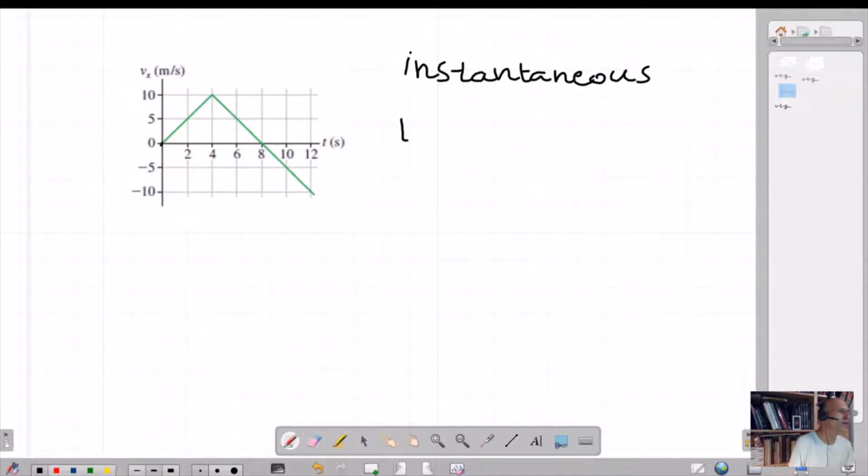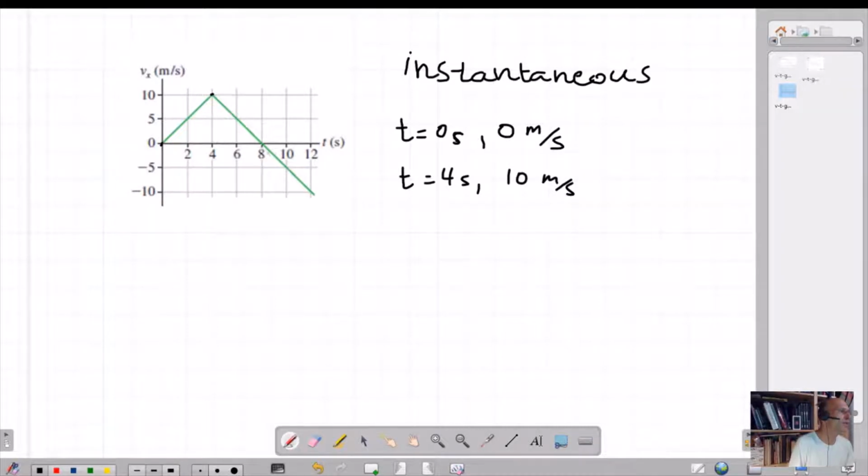For instance, at t equals 0 seconds, the graph is at 0 meters a second, so the instantaneous velocity is 0. At t equals 4 seconds, the graph is at 10 meters a second, so the instantaneous velocity is 10 meters a second.